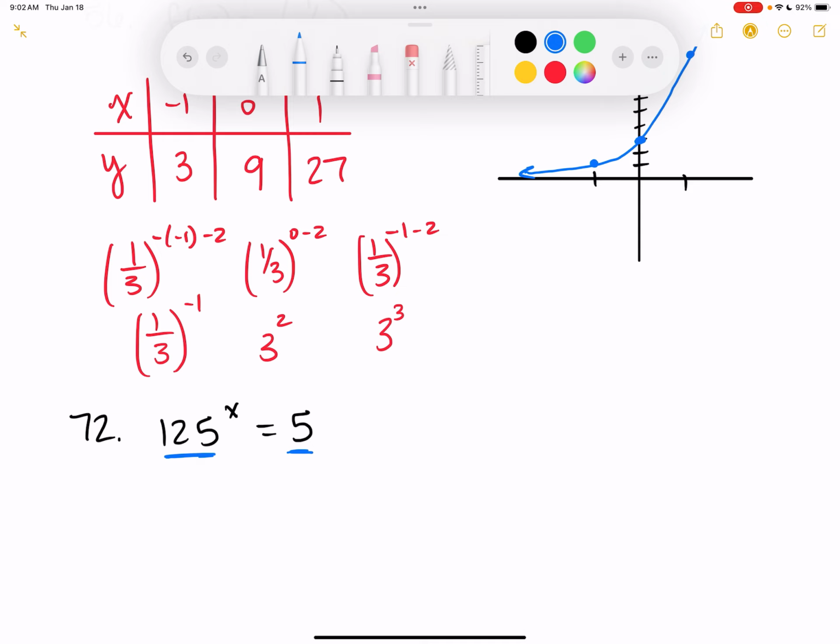So you can set their powers equal to each other and solve for x that way. So I need to rewrite 125 in terms of 5.